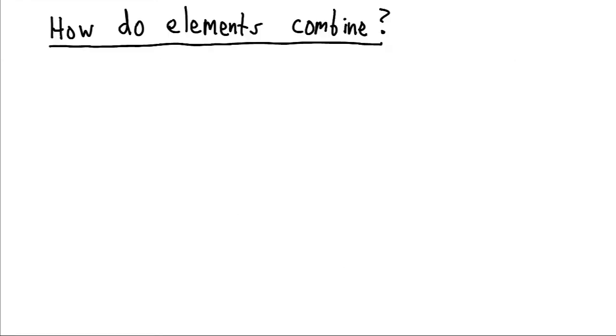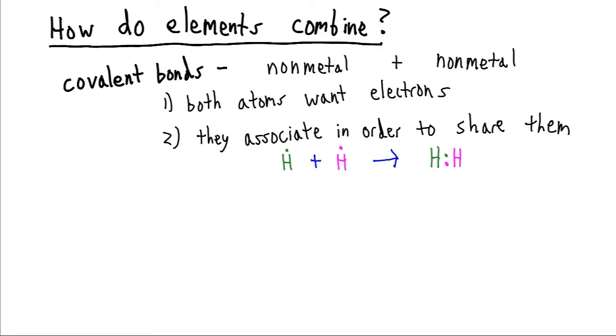Well, how do elements actually combine into molecules? We could divide this into two possible situations. The first is where we have covalent bonds. These generally involve a nonmetal interacting with a nonmetal. Recall that nonmetals want to have electrons, so they will often form negative ions since they pick up electrons.